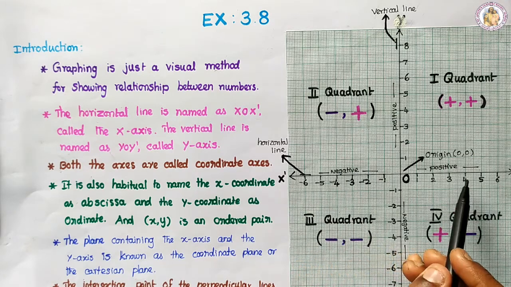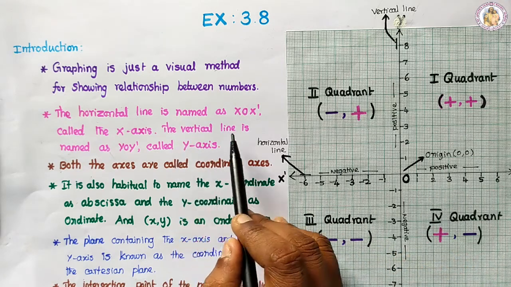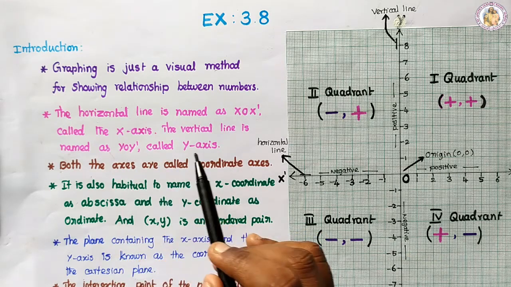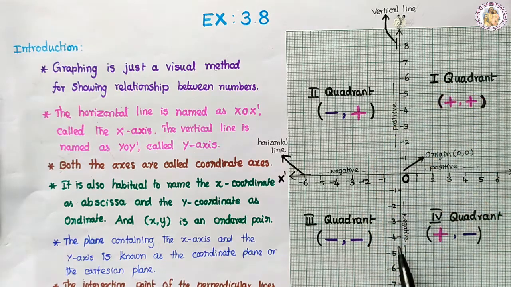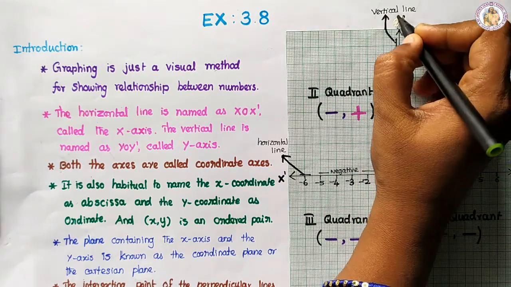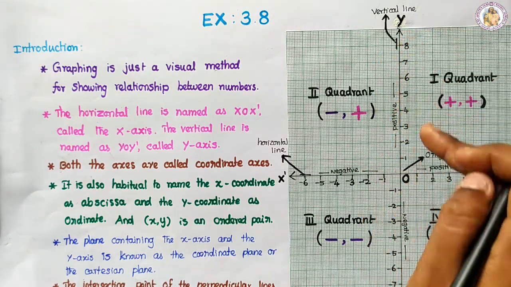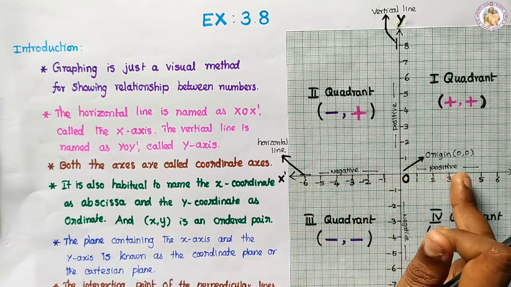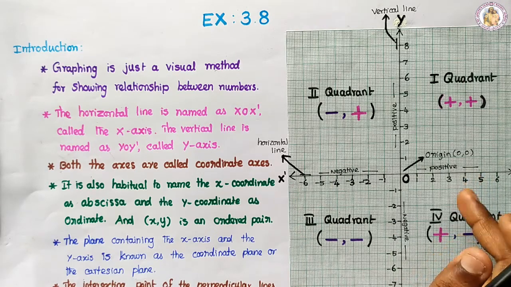This is the x-axis, and the vertical line is named as Y dash, called the y-axis. Horizontal line, that is the x-axis.